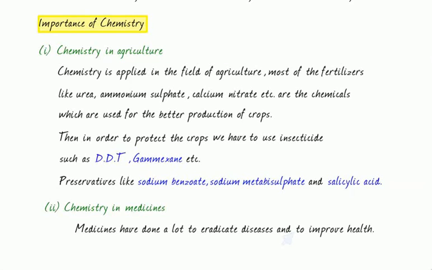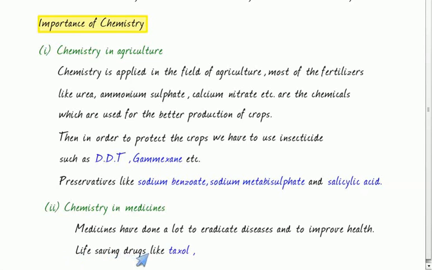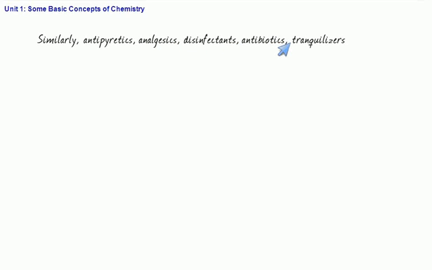Many of the life-saving drugs like Taxol, cisplatin, etc. are important chemicals. Similarly, antipyretics, analgesics, disinfectants, antibiotics, tranquilizers, synthetic vitamins, tonics, etc. These are all chemical substances.